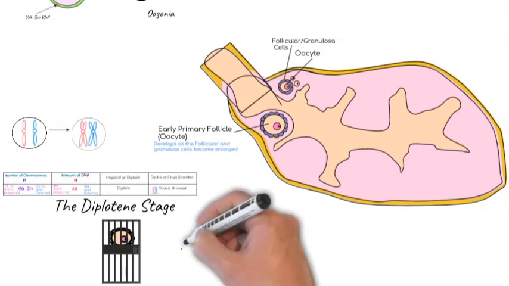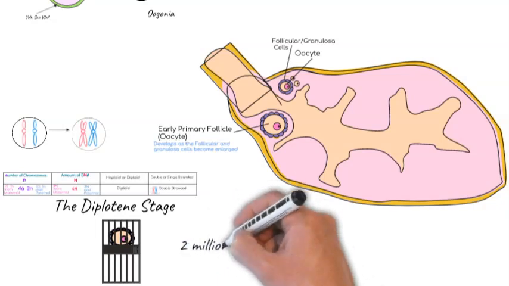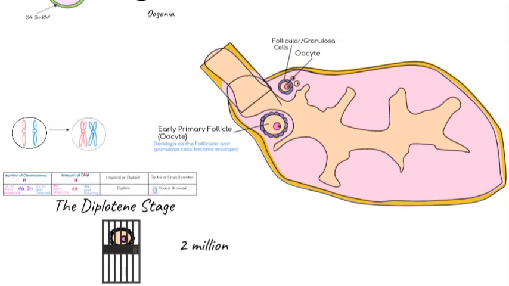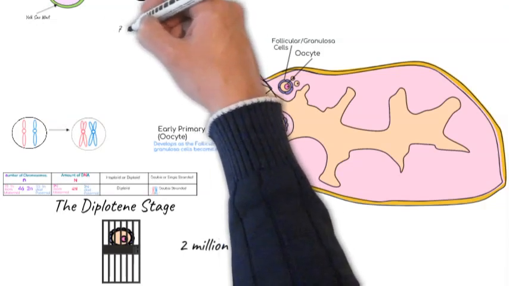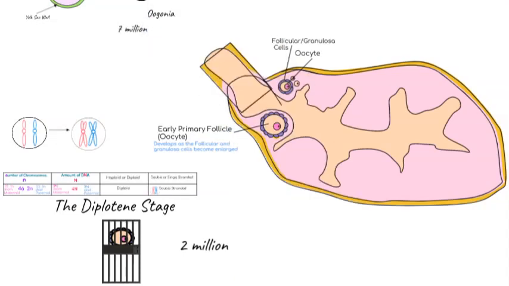Now, here are some interesting facts. About 2 million of these are present in your ovaries when you are born. 2 million primary oocytes. Okay? You actually had about 7 million oogonia, which converted into primary oocytes before birth, right?